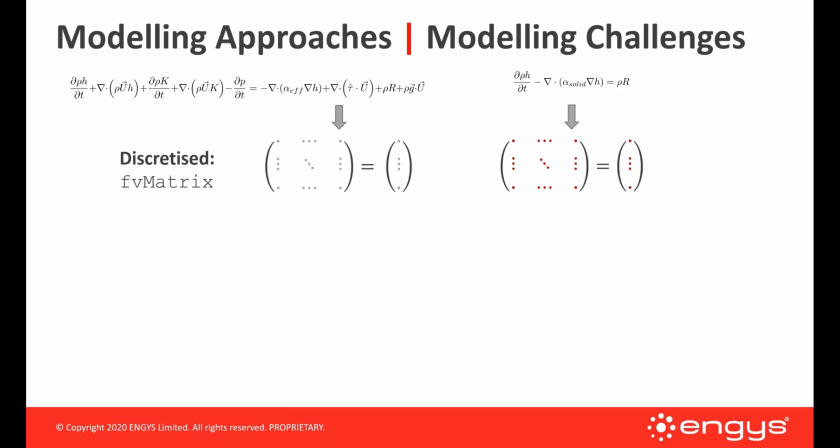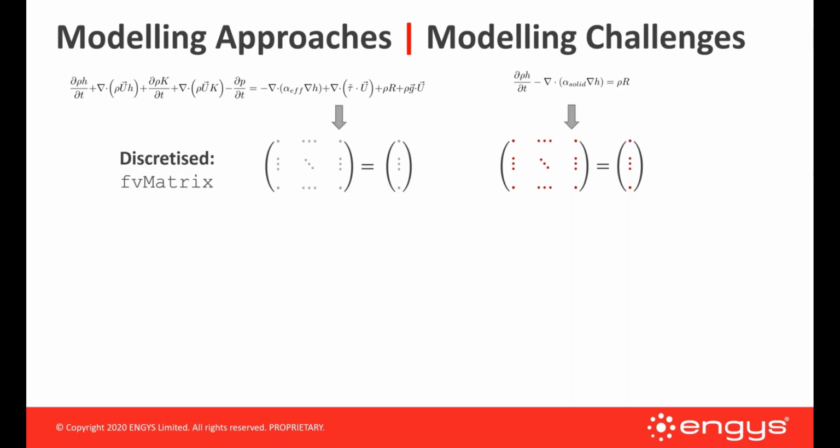We discretize both of these, and during this discretization process, using the FV matrix class, we'll be able to assemble the AX equals B system. So if we think about it this way, we've got a matrix right here representing all the different weighting coefficients within the mesh, and this would be the matrix setup for the fluids, and then on the right we've got the matrix for the solids.